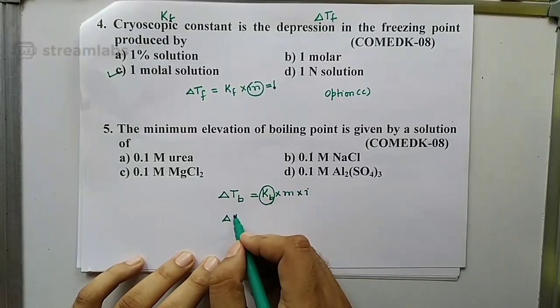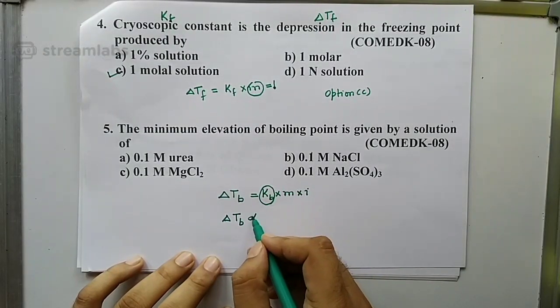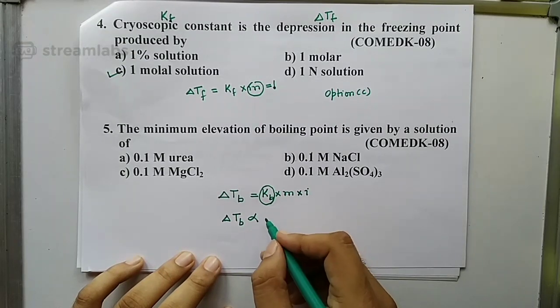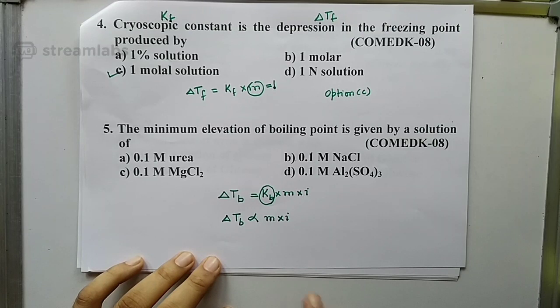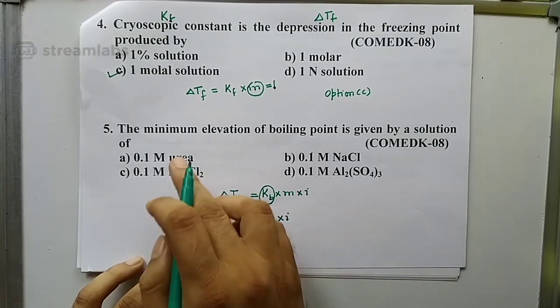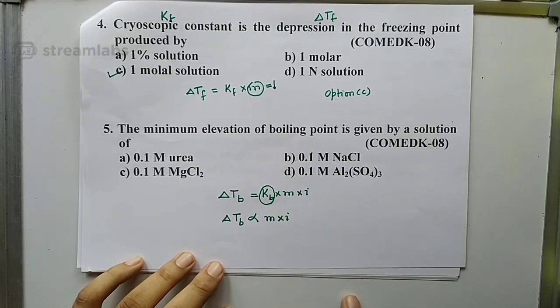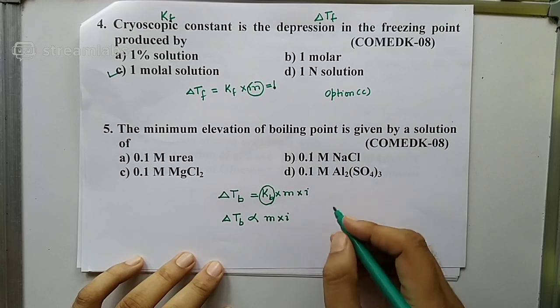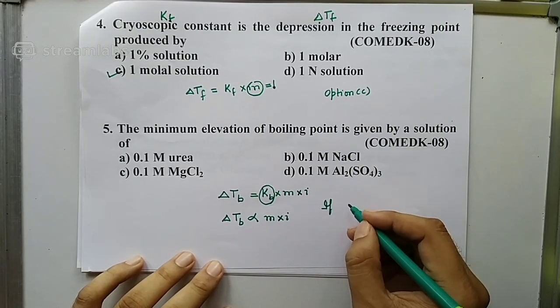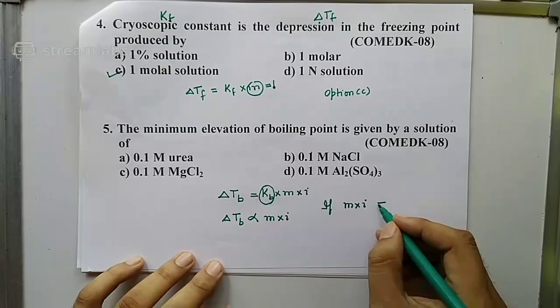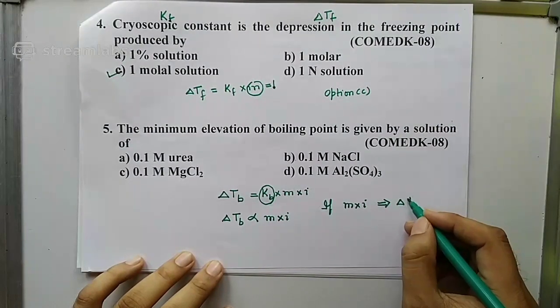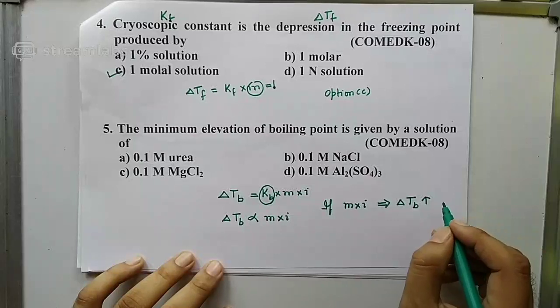So delta TB is directly proportional to M into I. Instead of molality, we can take it as molarity in this case. I think this point is clear, students. Now, if M into I is more, it implies that delta TB is more.